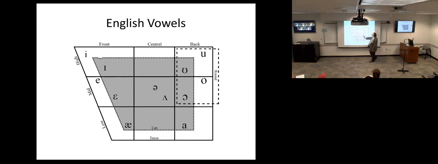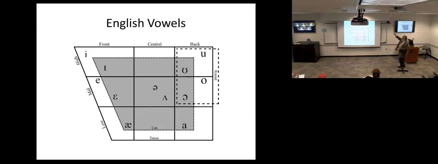You have front, central, and back. Now remember, this is inside the mouth. So front means the front of the mouth, back means the back of the mouth, and central means the middle of the mouth, right? And then you have low, mid, and high, right? So now you have nine possible squares in your little Battleship thing, right?